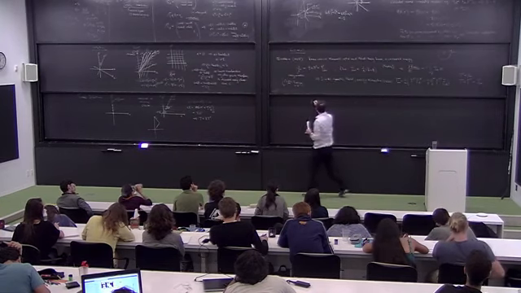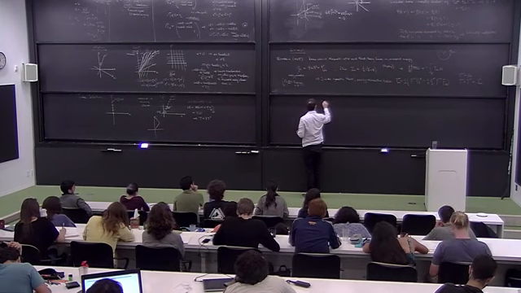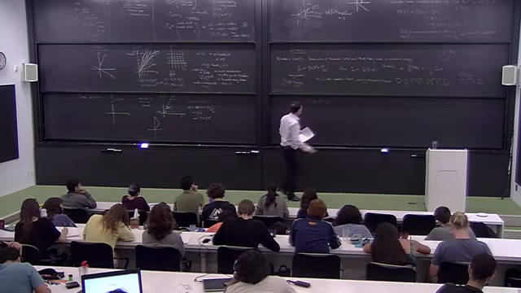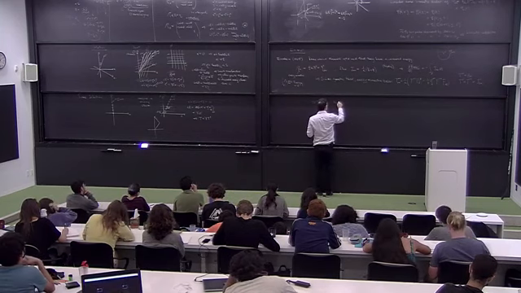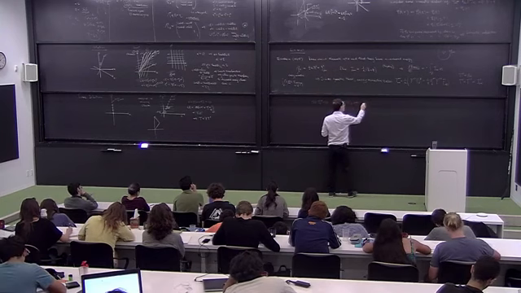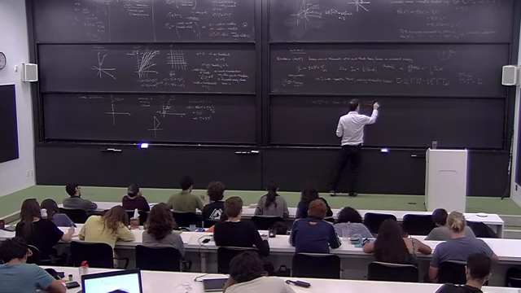You see, if J mu equals 0, if there are no charges or currents, then you can easily show that the Maxwell equations imply that d mu T mu nu EM equals 0.